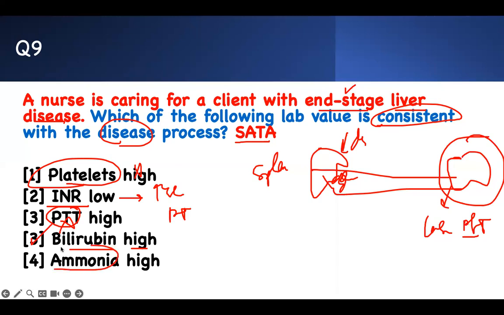And ammonia level, we all think ammonia is supposed to be high. But I believe it's supposed to be normal as much as possible because these patients are taking medication to help with that. When we see high ammonia, we should see what? Encephalopathy.